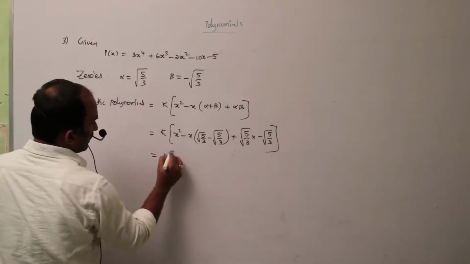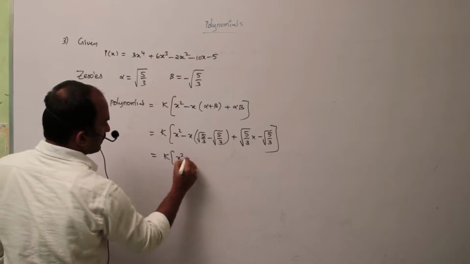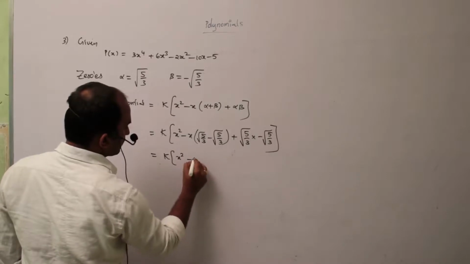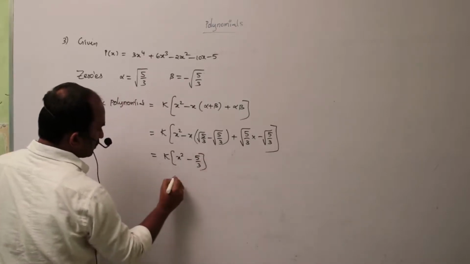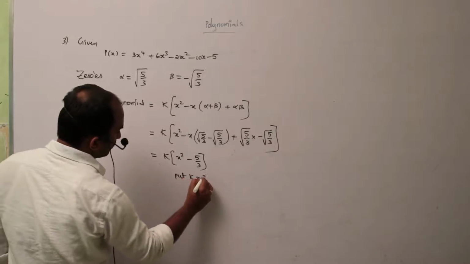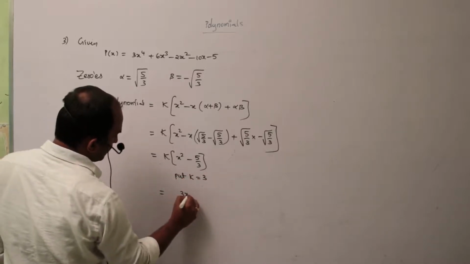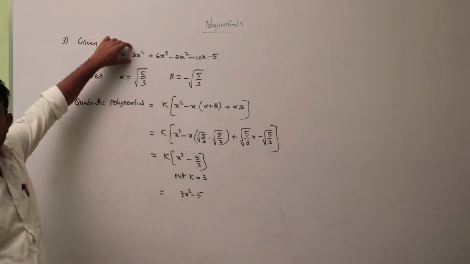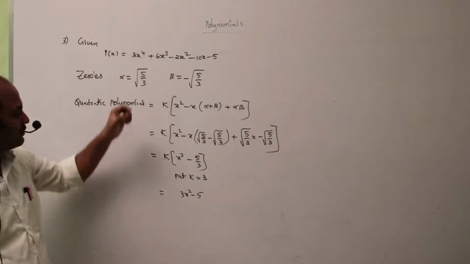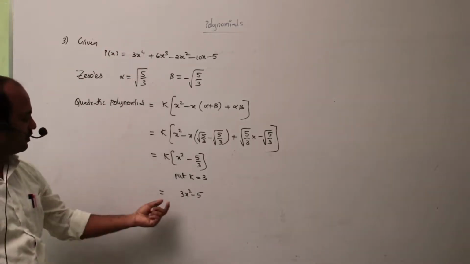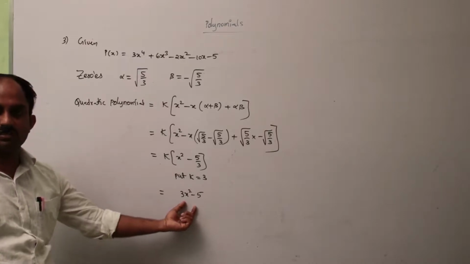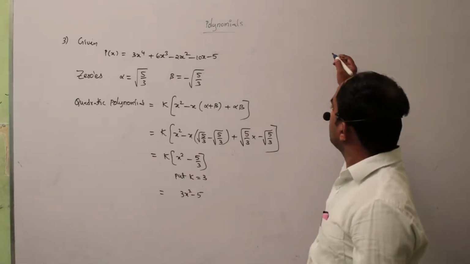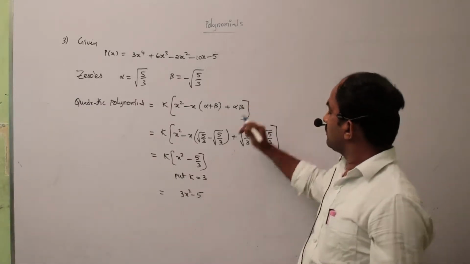So what we get: k into x square minus 5 by 3. Put k is equal to 3. Then we get the term 3x square minus 5. That means this biquadratic polynomial can be written as a product of two quadratic polynomials. Out of the two, one quadratic polynomial is 3x square minus 5. So we have to find the other quadratic polynomial. For that, the biquadratic polynomial is divided by this quadratic polynomial.